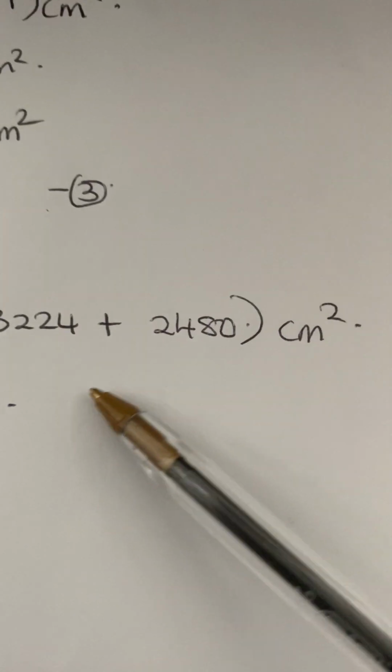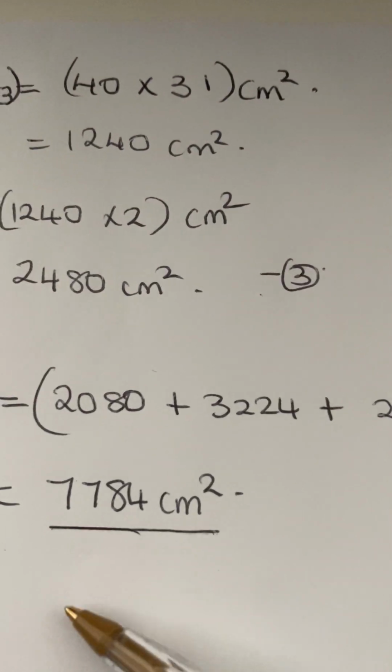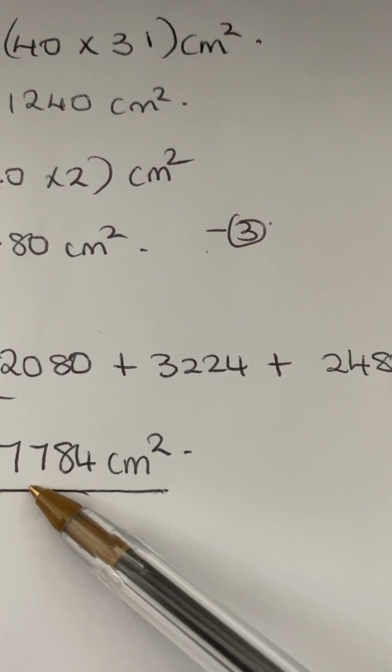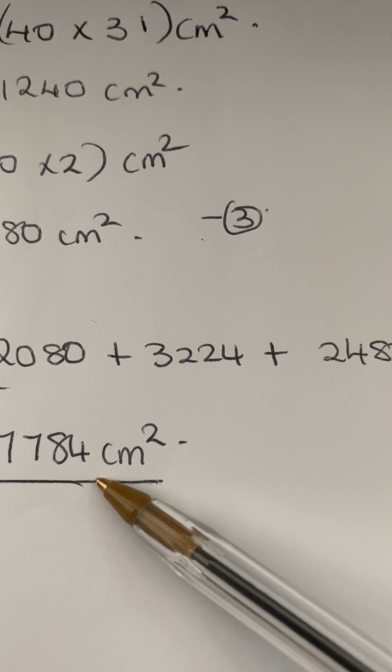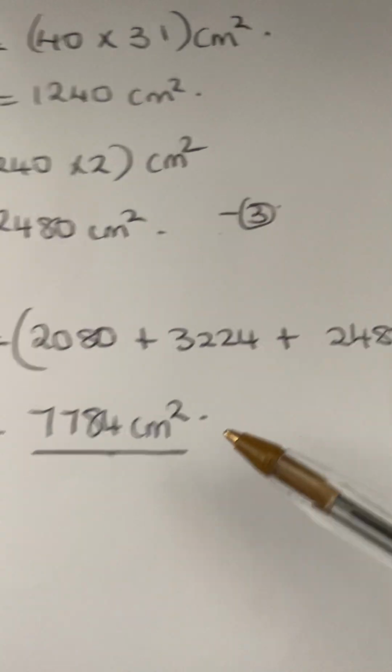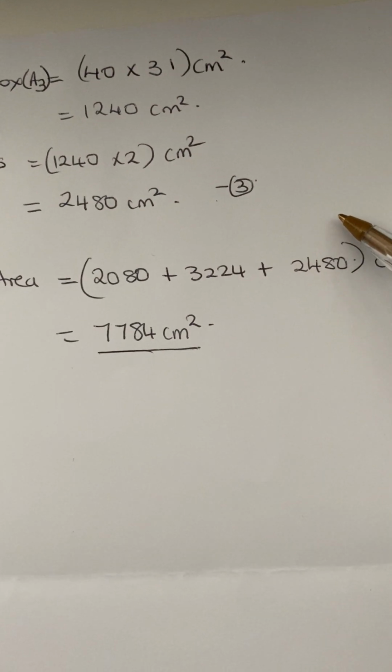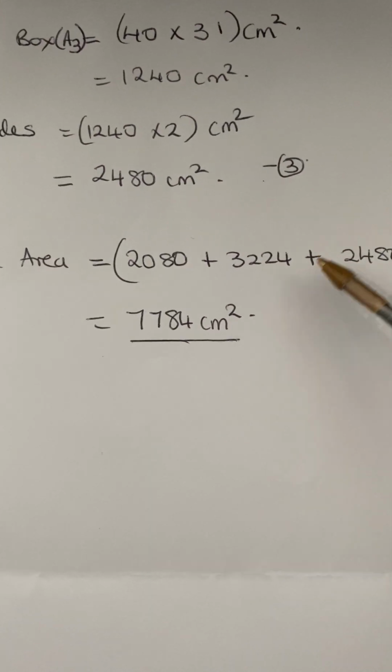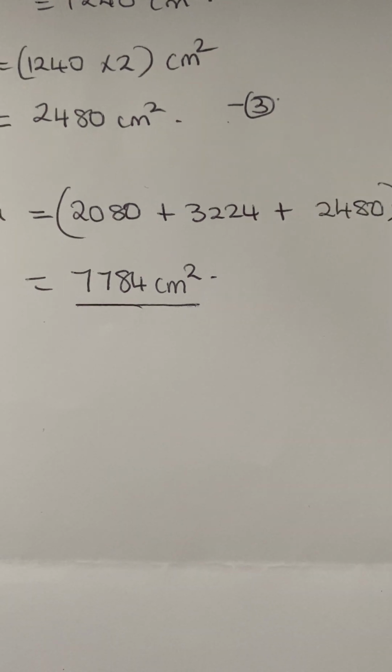So if we put all together, we have 7,784 centimeters squared. So that will be the surface area of our lost property box with no lid.